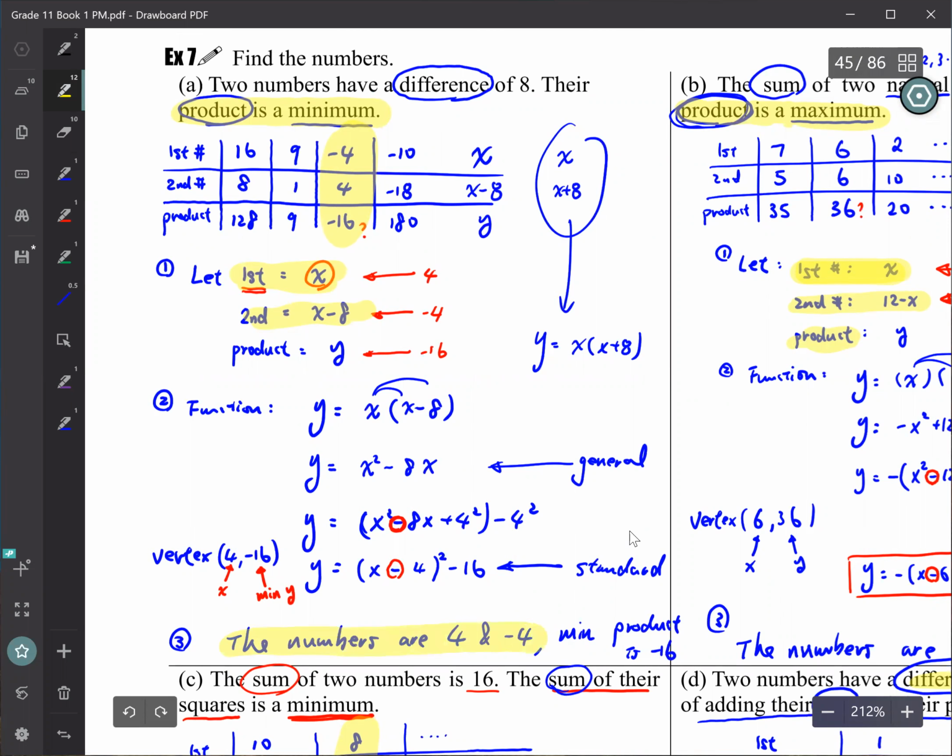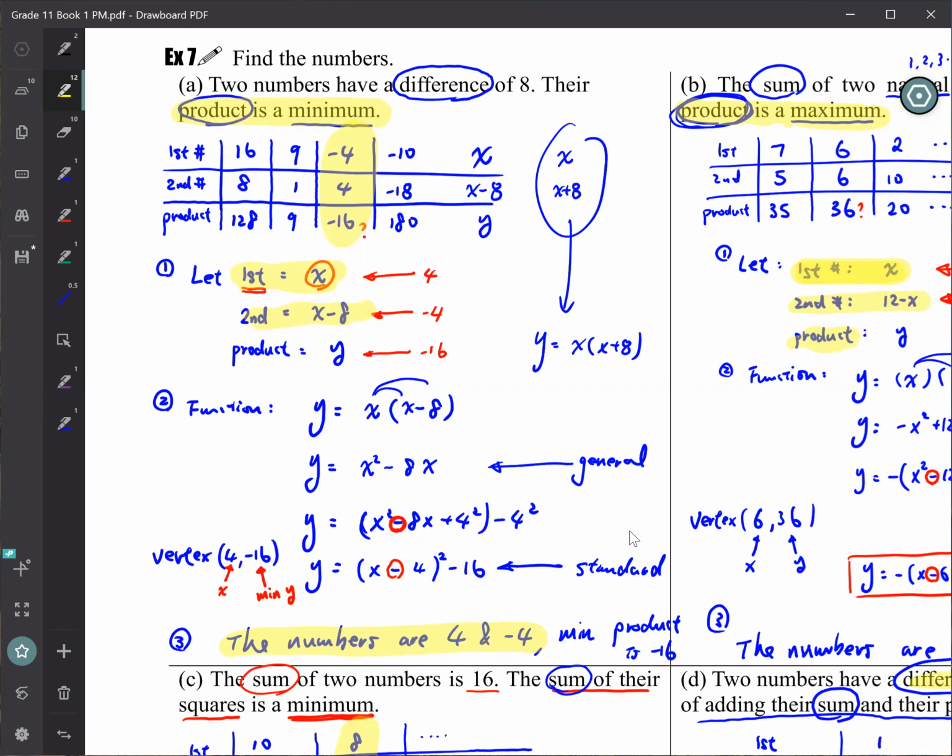Do you know how we get that? Would you just divide the x, the vertex, two numbers? No, you won't divide those two, because that doesn't work for every single one. Not every question is about product.